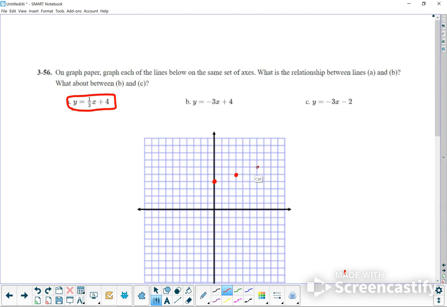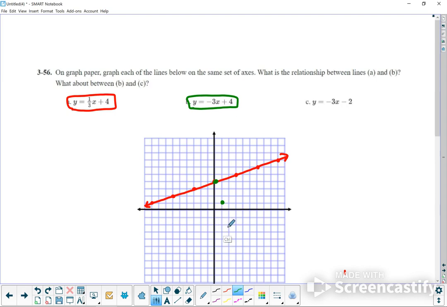We keep doing that, and do the opposite. Okay, this next one, put in green. This one also starts at 4, but it's going to go down 3 and over 1.